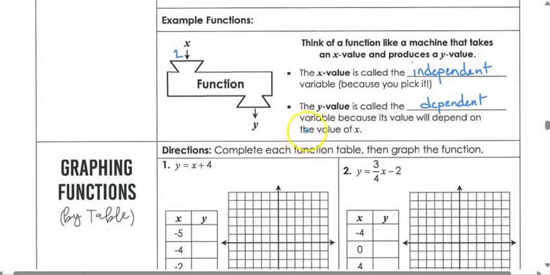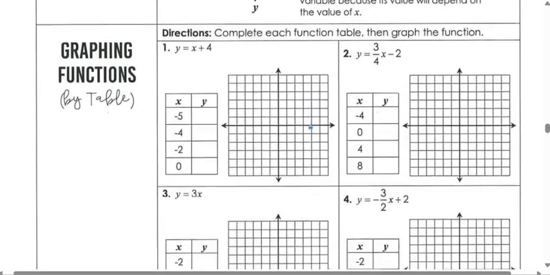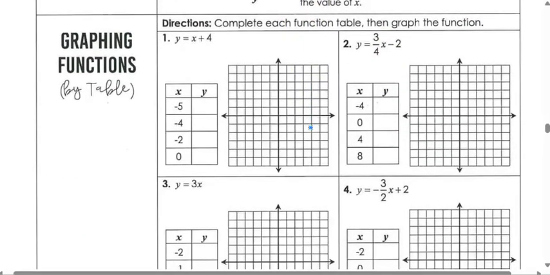So one thing that we can do is use these rules to create a table and graph functions. Here's the rule I have, y equals x plus 4, and we're going to graph these x values. I'm going to plug each value in for x in my equation and solve. So y equals -5 plus 4, that would give me -1.